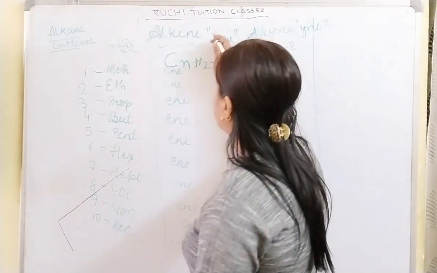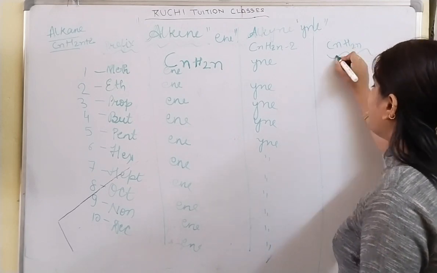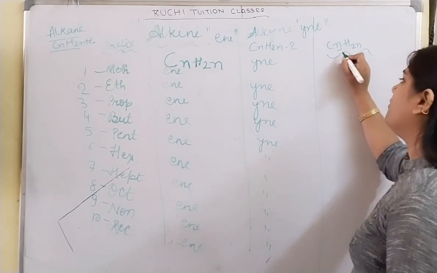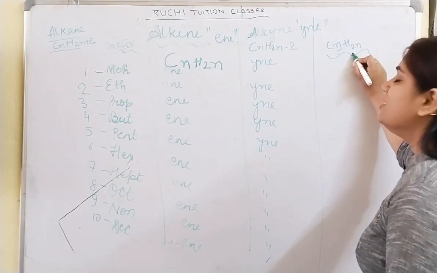Coming to the formula for alkene, it will be CnH2n. That means if the number of carbon is 1, the number of hydrogen will be just double.